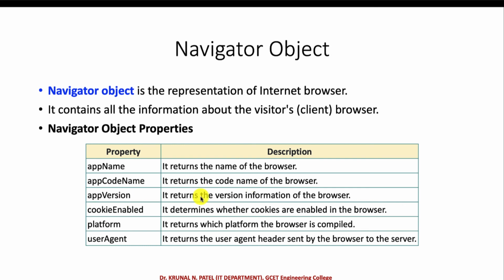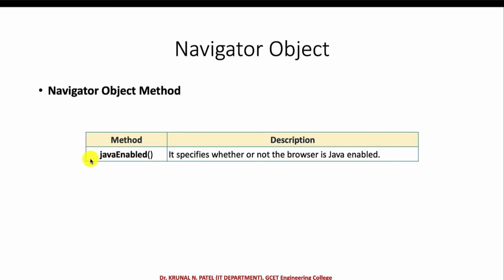appVersion, which version currently is there, whether the cookie is enabled or not. Platform, it returns the platform for which the browser is compiled. And userAgent, it returns the user agent header sent by the browser to the server, right? So here you can also check whether Java is enabled or not in your browser with the use of the javaEnabled method, right?